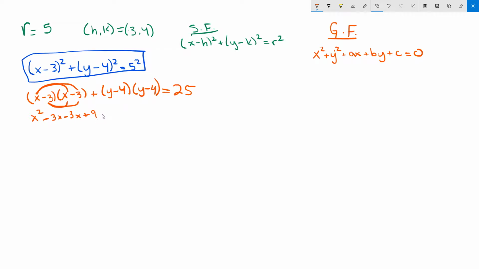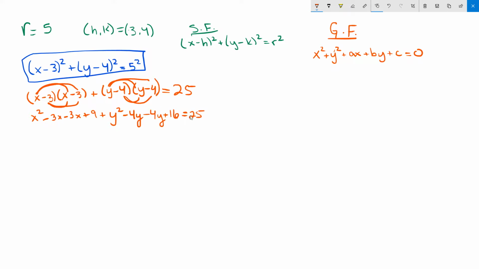Now y times y gives me y squared. Y times negative 4 gives me negative 4y. Negative 4 times y also gives me negative 4y, and negative 4 times negative 4 gives me positive 16. This will all be equal to 25.